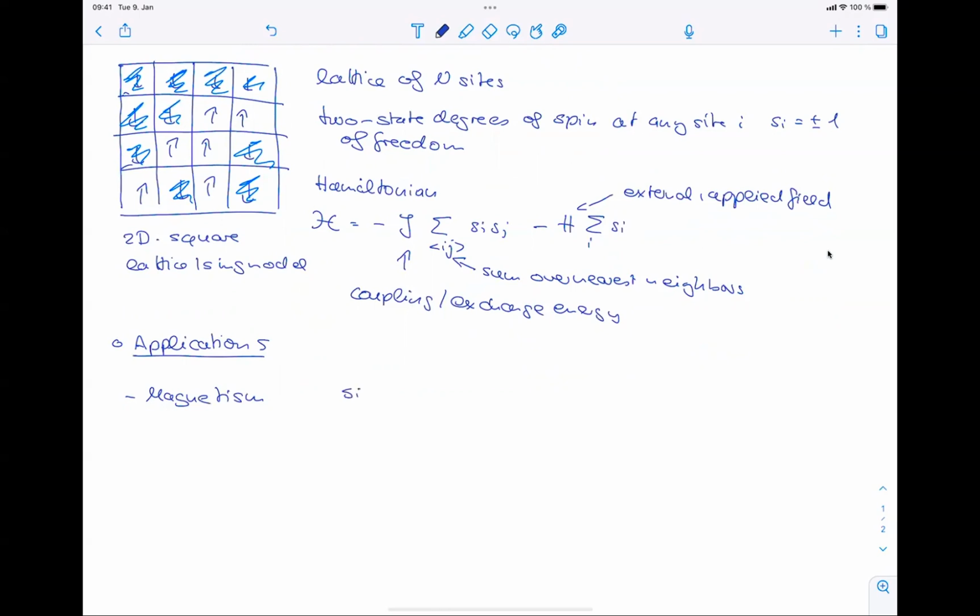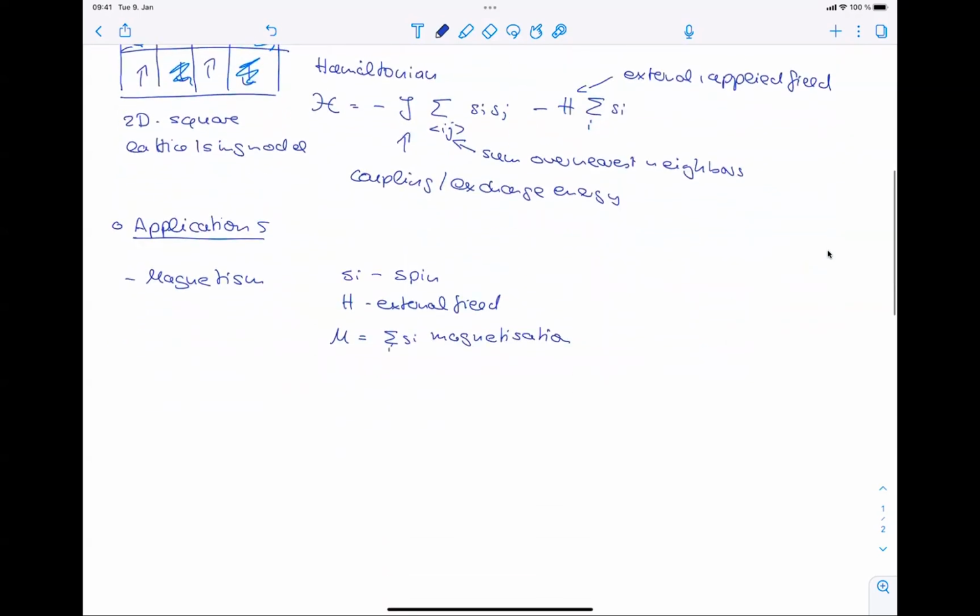Here, the Si really represent the spins, and H the external field. Then the sum over all spins is the magnetization. And what kind of magnet I'm describing depends on the choice of my coupling constant here.